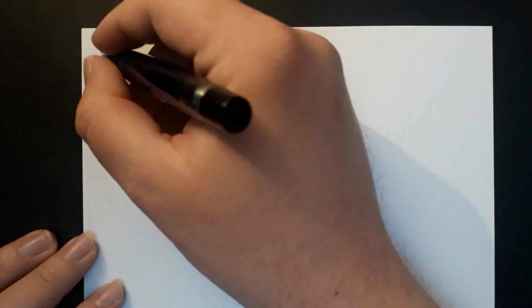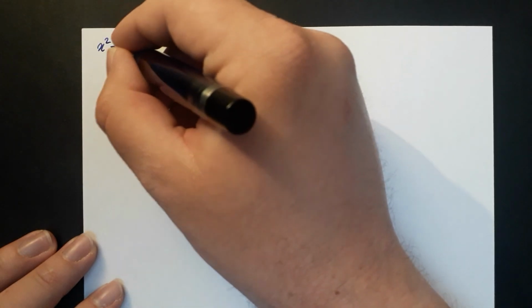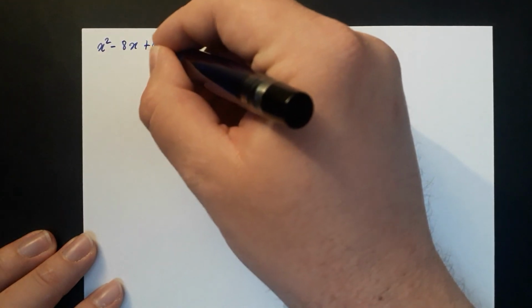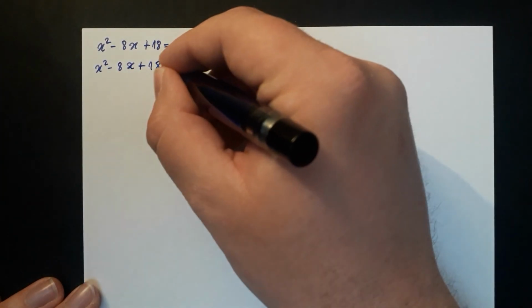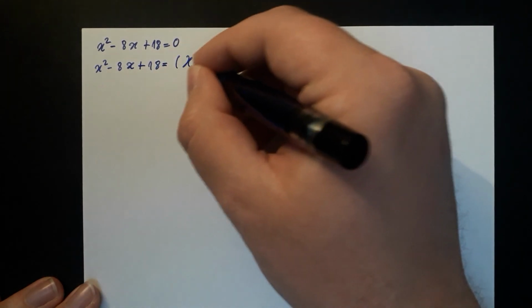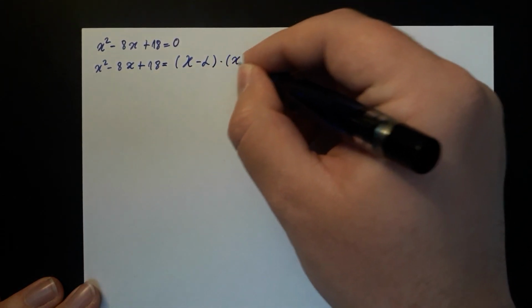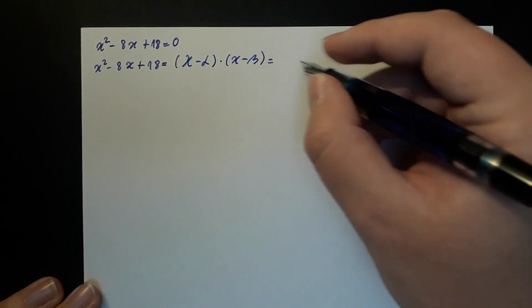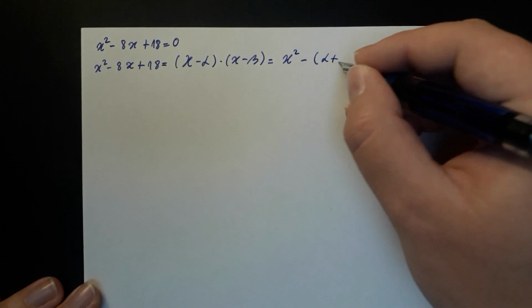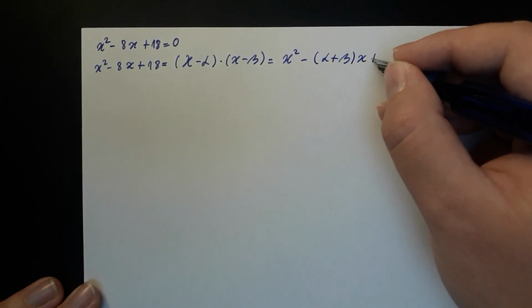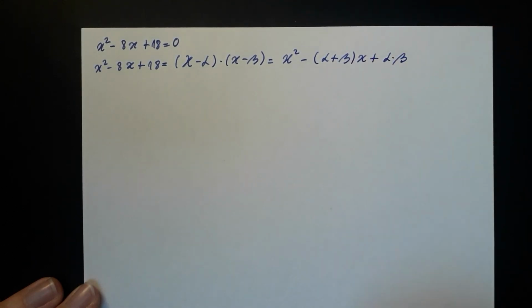So let's observe the equation x squared minus 8x plus 18 equal to 0. We are going to write x squared minus 8x plus 18 in the form of x minus alpha multiplied by x minus beta. And we know that this is equal to x squared minus (alpha plus beta)x plus alpha multiplied by beta.